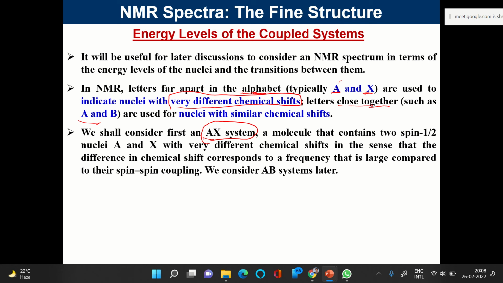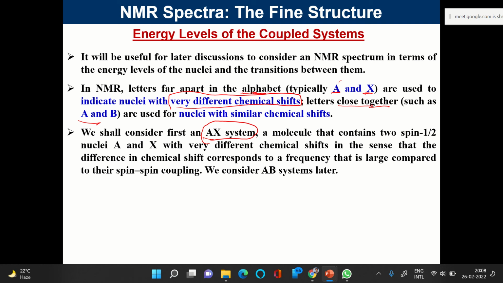For example, in methyl alcohol, CH3OH, the methyl protons and the hydroxyl proton are close to each other in three-dimensional space, but in terms of their chemical shift values they may be far apart. That's how we have to think about these interactions.